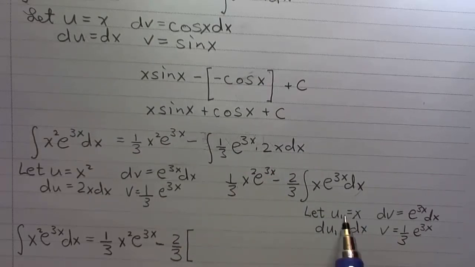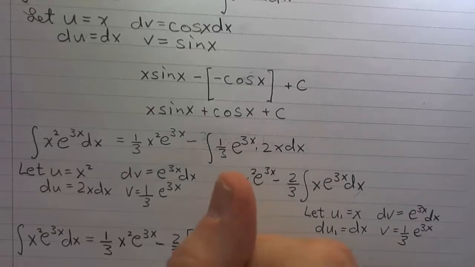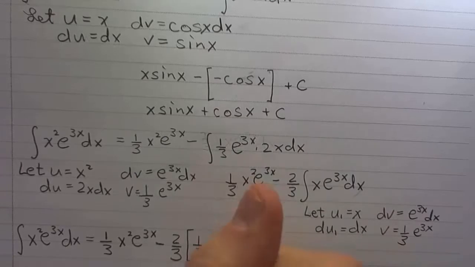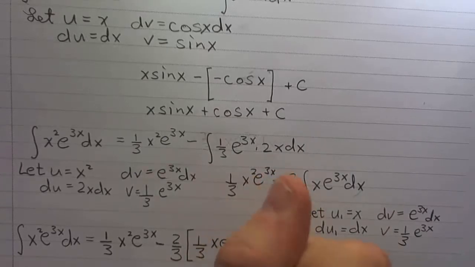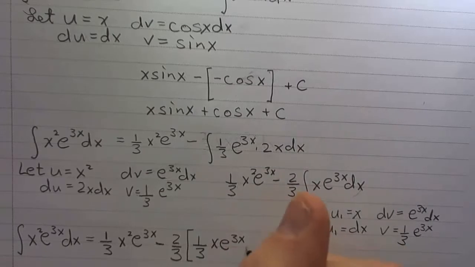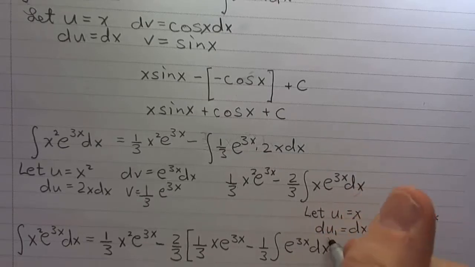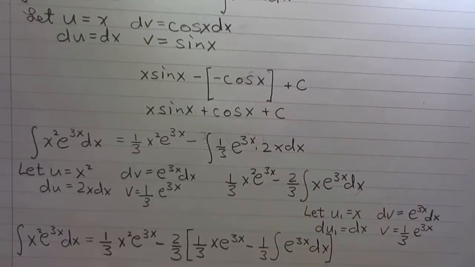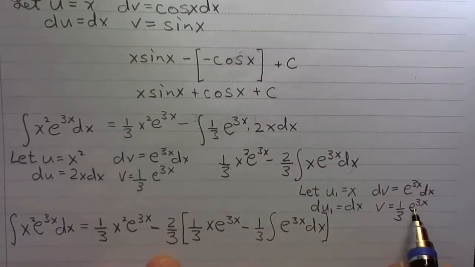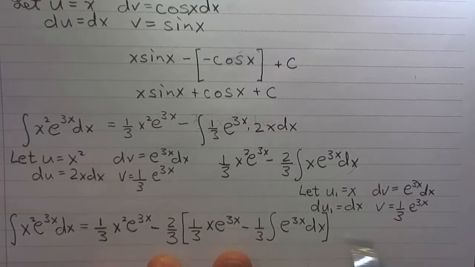So we have uv, that's going to be x e to the 3x, minus v du. Here is v, 1/3 e to the 3x, and du is just dx.